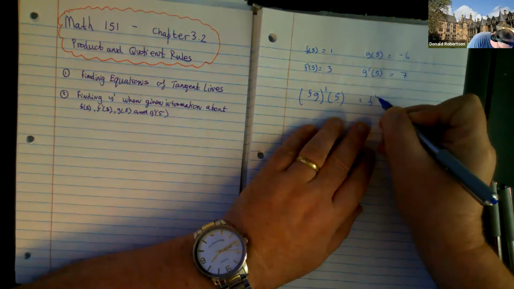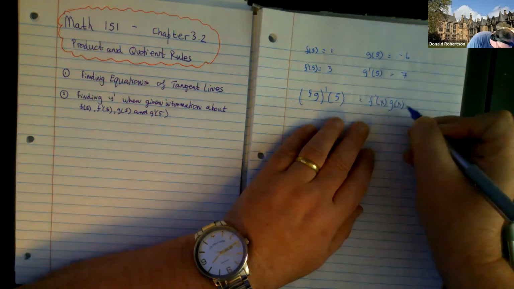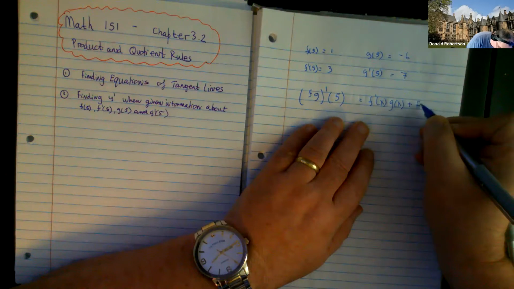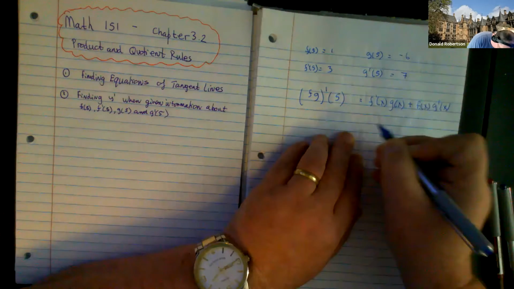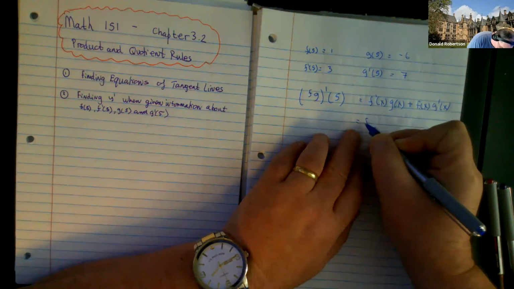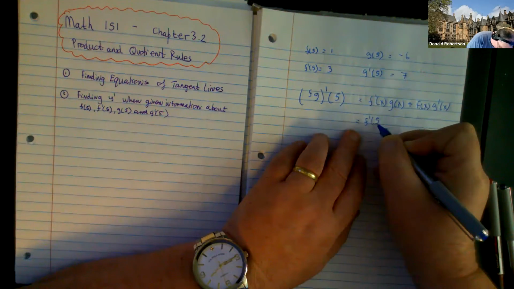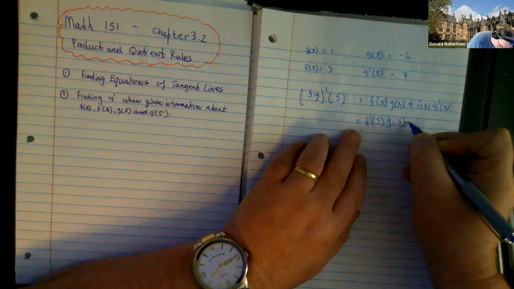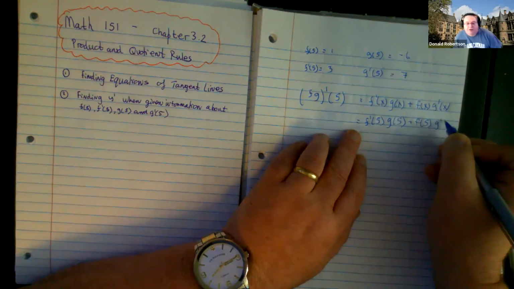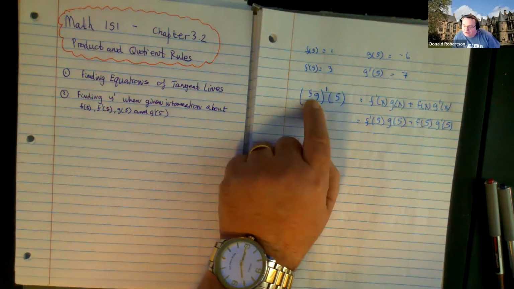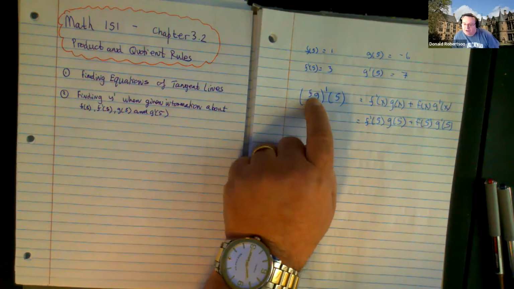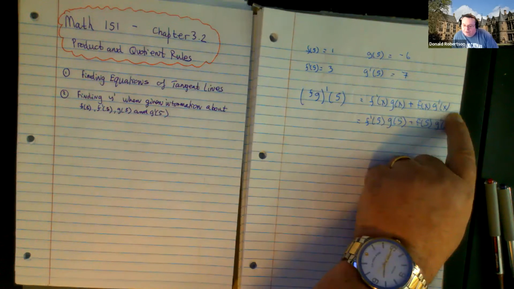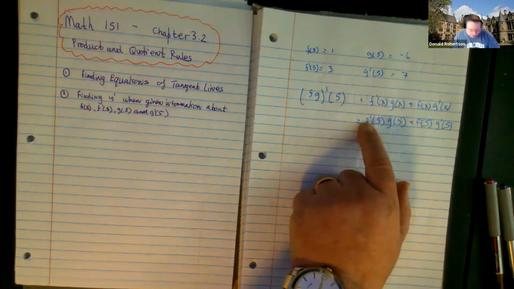It's f dashed x, g of x, add f of x, g dashed of x. Well, at 5, then it becomes these guys. So once you realize that that is saying find the derivative of the product at 5, and then you say, okay, there's the formula for calculating the derivative of a product. That's what it looks like when x is 5.